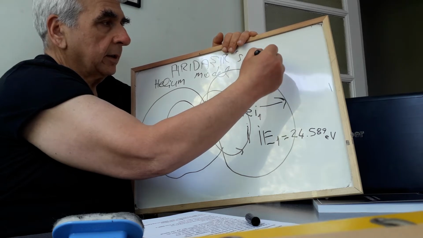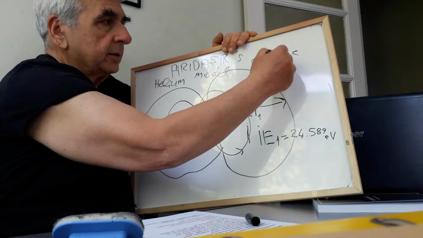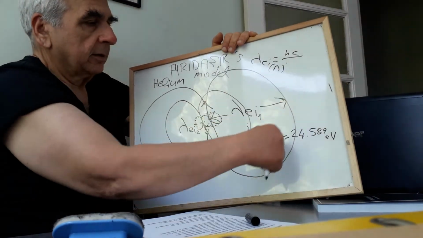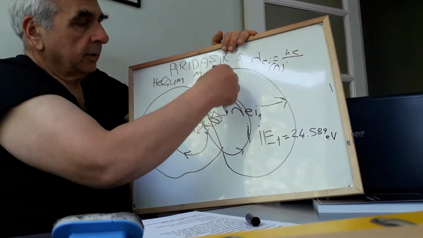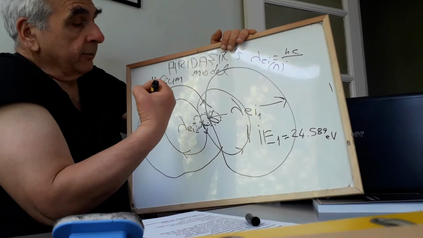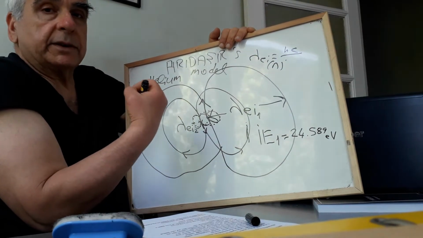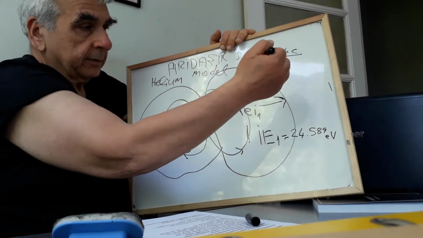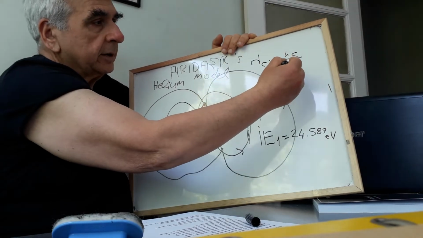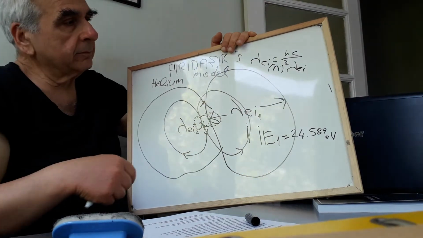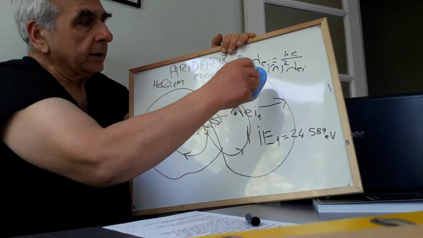lambda EI equal to hc divided by n square, but n, remember, only for bounded electron motion forms, n always equal to 1. Okay, n square lambda EI, remember, n equal to 1.